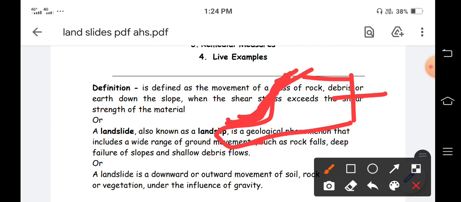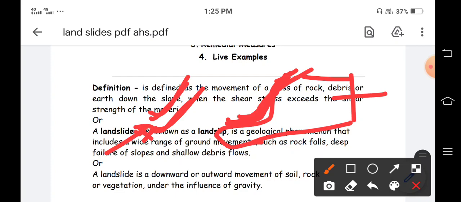This soil will try to slide in the downward direction. This happens when shearing stresses develop due to sliding of one layer over another layer. If the shearing stress is greater than the shear strength, what is meant by shear strength? Shear strength means the soil offers some resistance against the sliding, and this resistance is called shear strength.